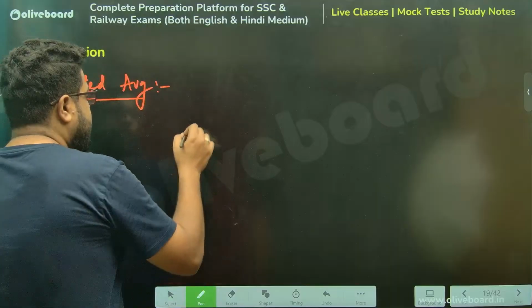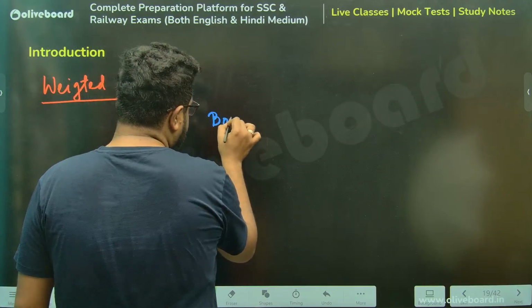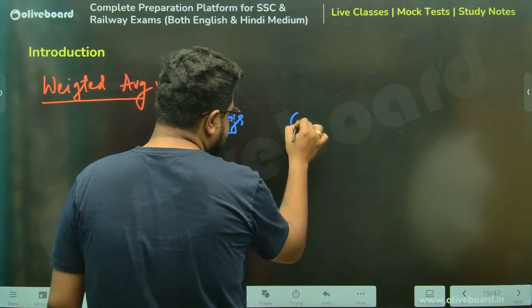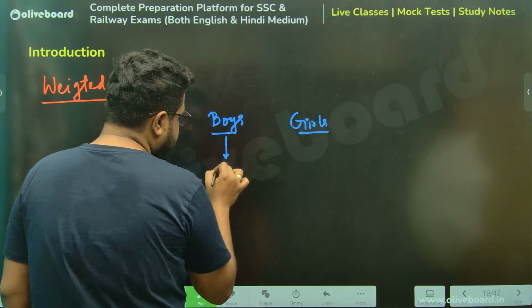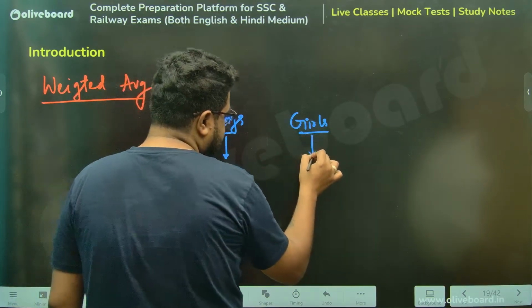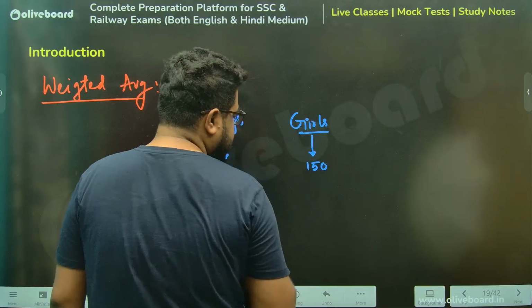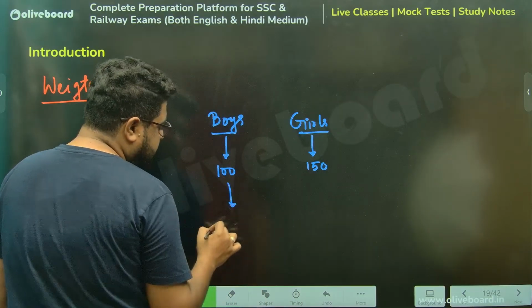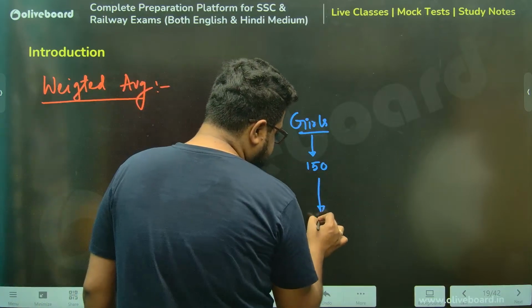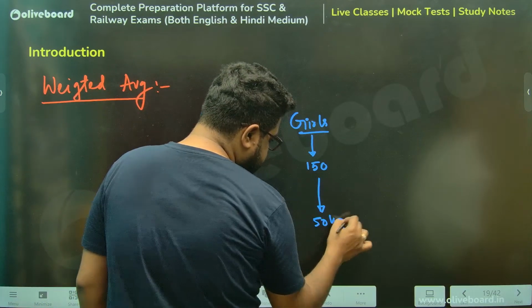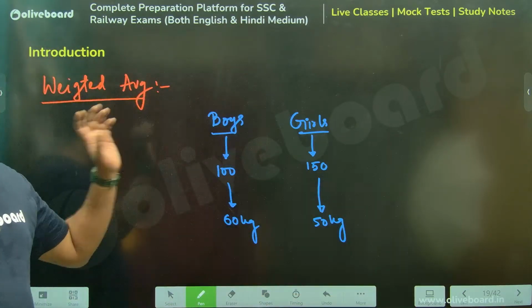Let's say there is a school where boys are there and girls are there. Co-ed school. There are 100 boys and there are 150 girls. Average weight of all the boys is 60 kg. Average weight of all the girls is 50 kg. So I'm asking what is the total average here?